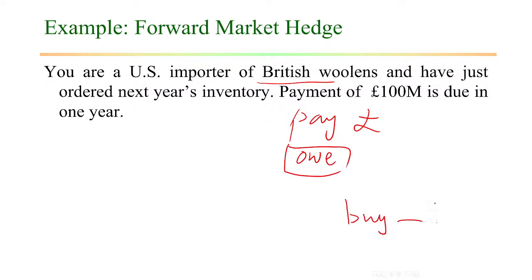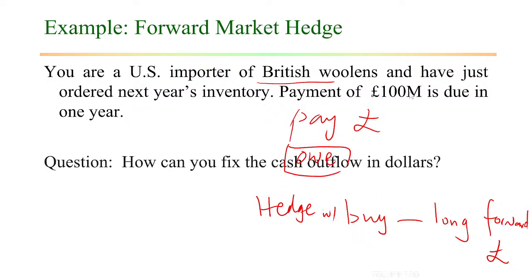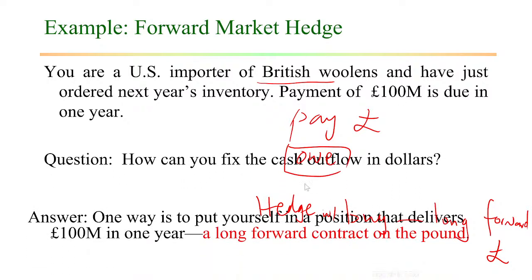And if you buy, that means you take a long position, a long forward contract, or long futures contract. So that's a hedge with buying or long forward in pounds. So you lock that exchange rate so that you get rid of the foreign currency risks. So take a long forward contract.